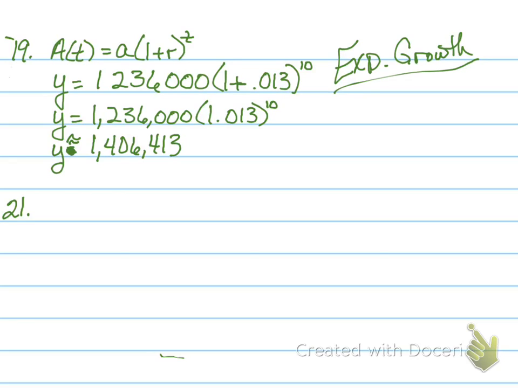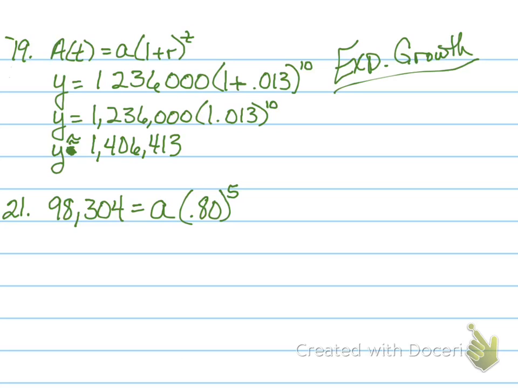Okay, well, let's see. So, we have after 5 years, we had a value of $98,304. We don't know our initial value. Our decay factor is 0.80 to the 5th power because of 5 years.